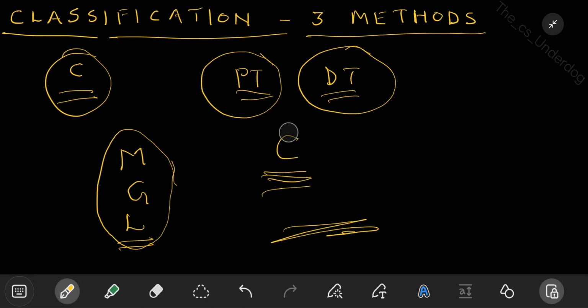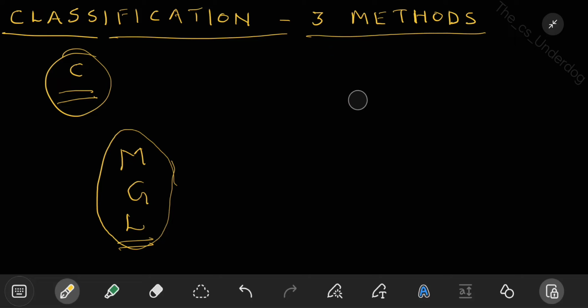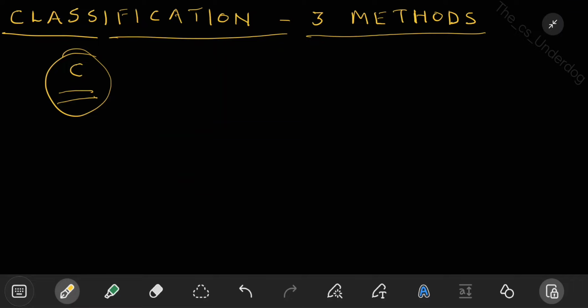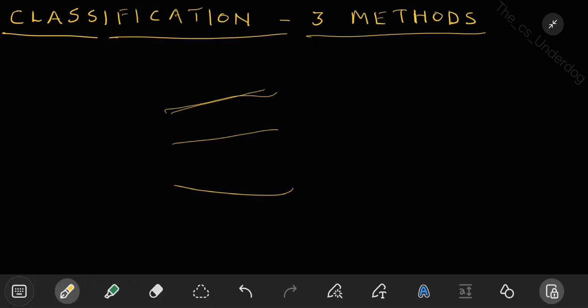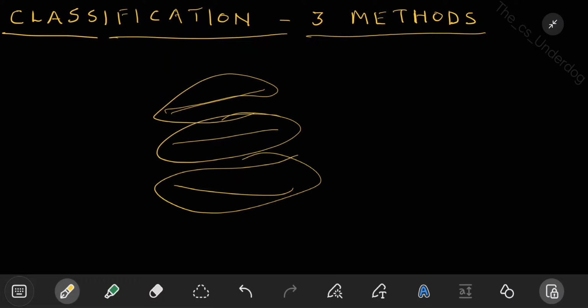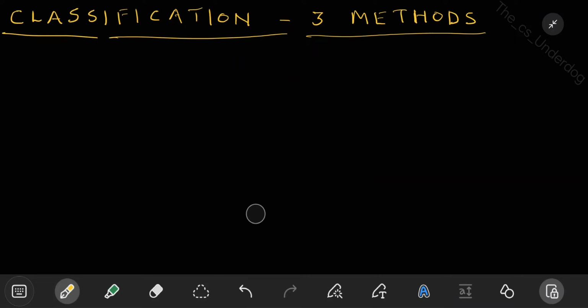So in this particular lecture, whenever you get a classification problem, let's say someone asked you to solve one, you should know the approaches that you can take. These are at least the major options that you have, 1, 2, 3. So which one you should choose, and why you should choose it in any particular case. That is what we are trying to understand in this lecture.